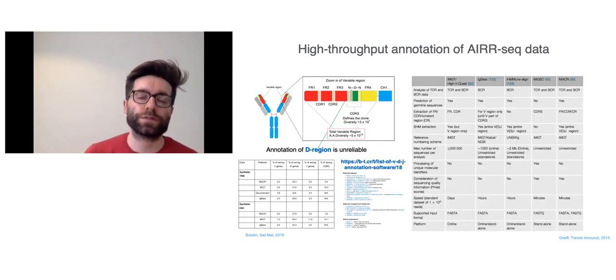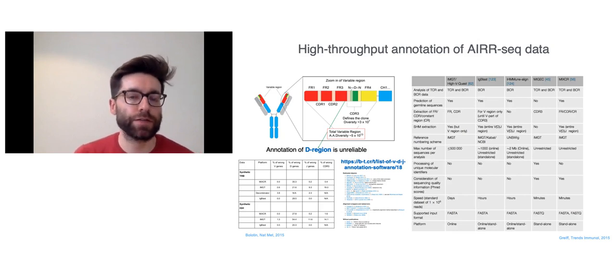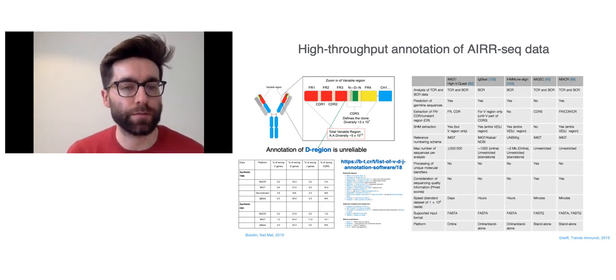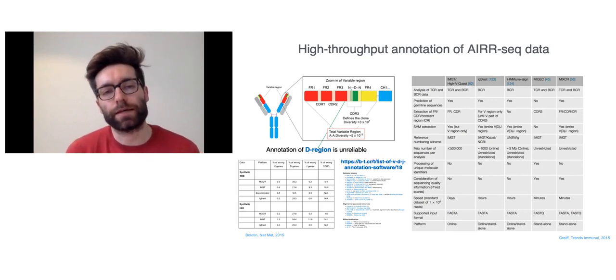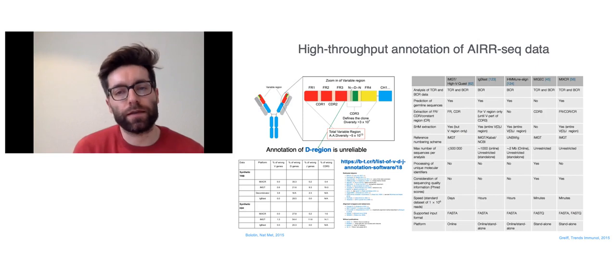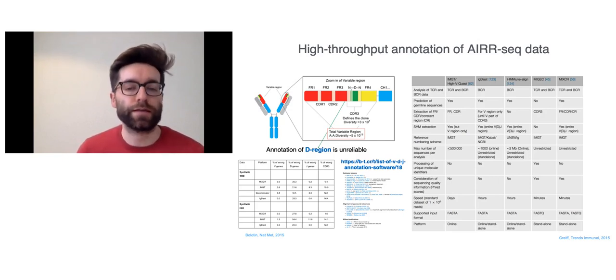What also is to keep in mind for any annotation, and I think this problem has not been solved so far, is that the D region annotation is quite unreliable. And that's why most of the time the D region is not even shown in any annotation plots, for example. So people mostly show only the V and J, and then you see sometimes a blank for the D. That does not mean that there was no D in the recombination event.